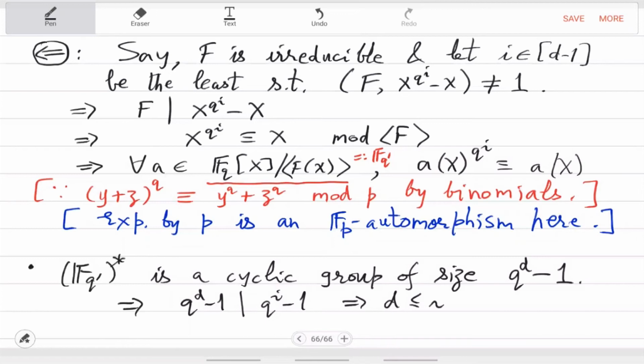The I with which we started was between 1 and d minus 1, so that's the contradiction. This contradiction means that when you start with an irreducible input, then you get all GCDs 1. So the converse holds.